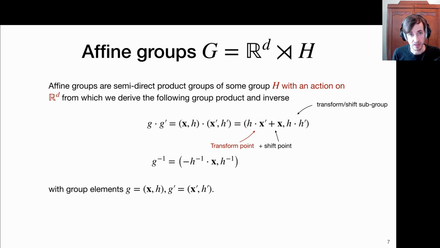So that's why you call it a semi-direct product group. And you would call it a direct product group if we wouldn't have this H over here, and we would have just translation plus translation and rotation times rotation, for example.